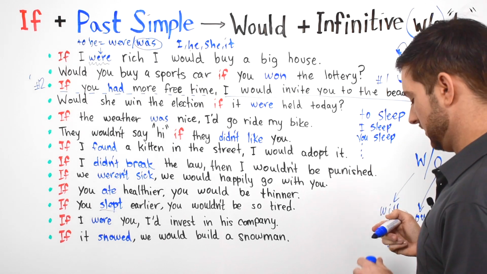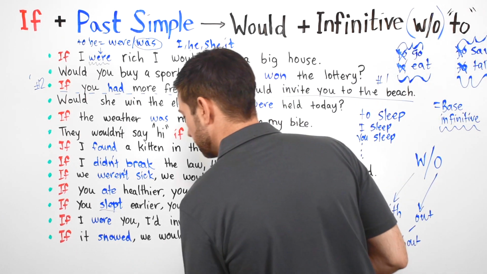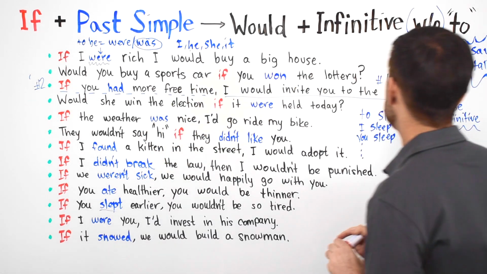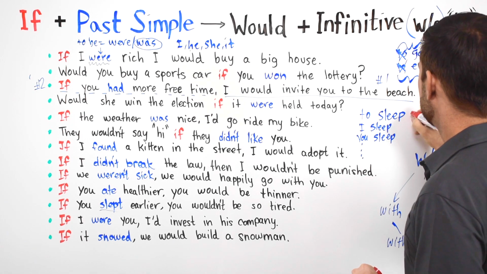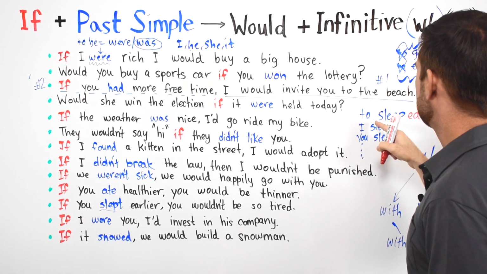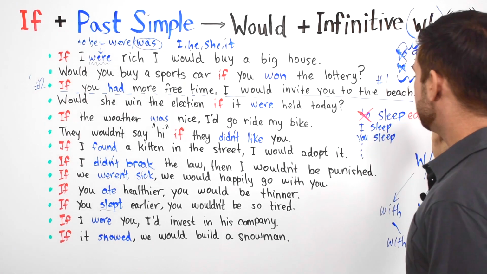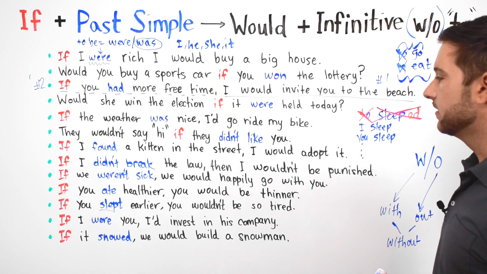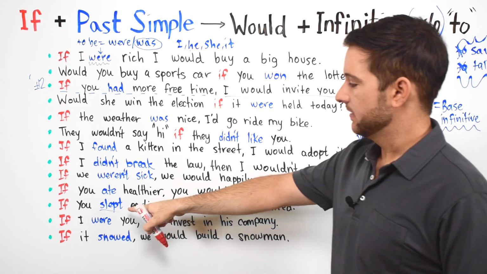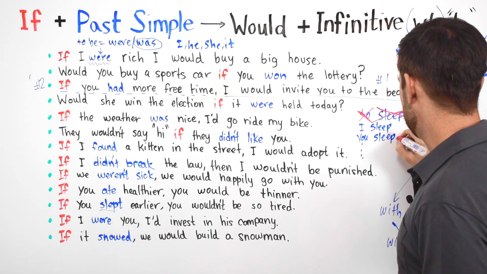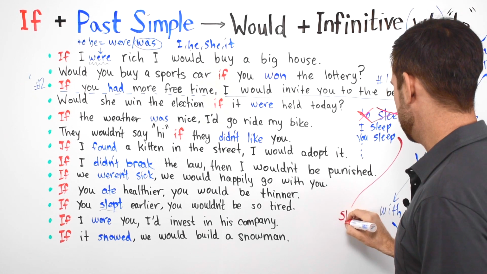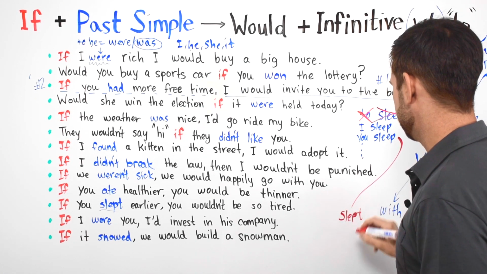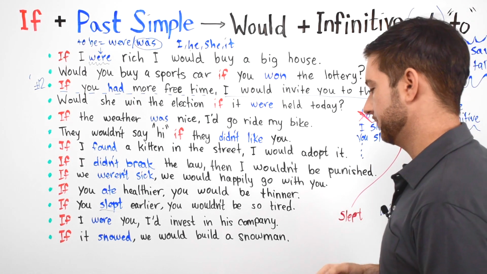For example, normally we make the past simple for regular verbs by adding ed at the end. Okay, but can you add ed here? Right? Sleeped? No, you cannot say that. We can't do that. Instead, we need the T. Okay? It becomes slept. S-L-E-P-T. Slept. Okay?